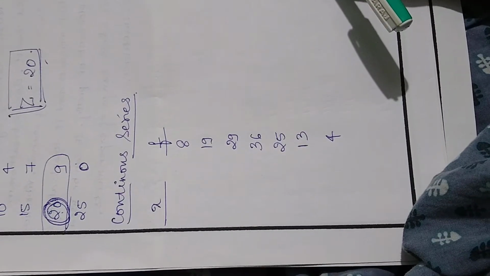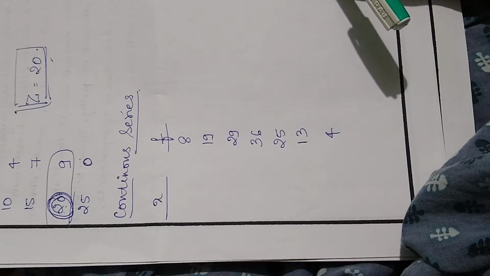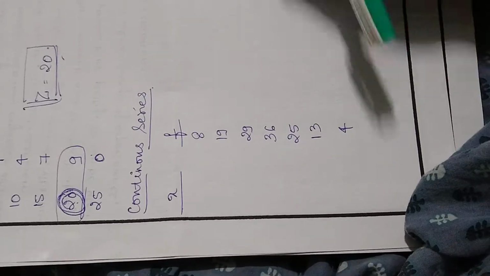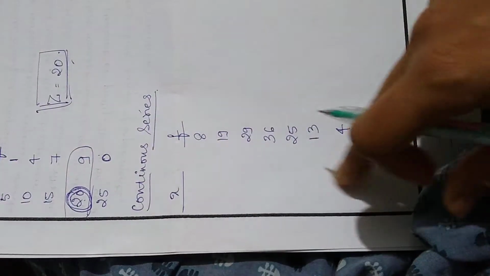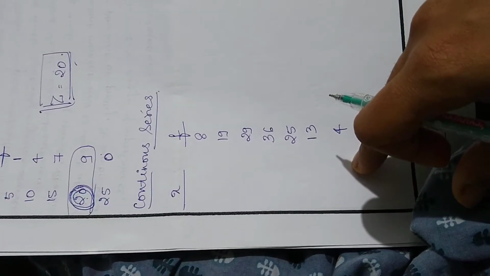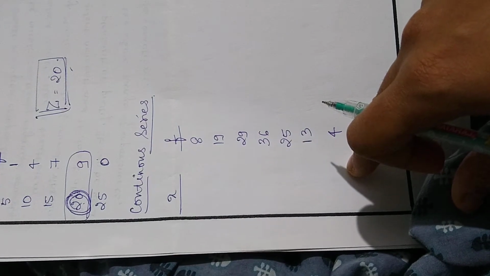How do you convert? I have told you already that you have to deduct 0.5 from the lower limit and add 0.5 to the upper limit. I will just write it down, converting from inclusive series to exclusive series.